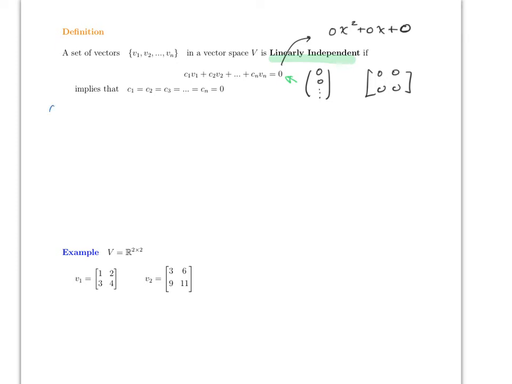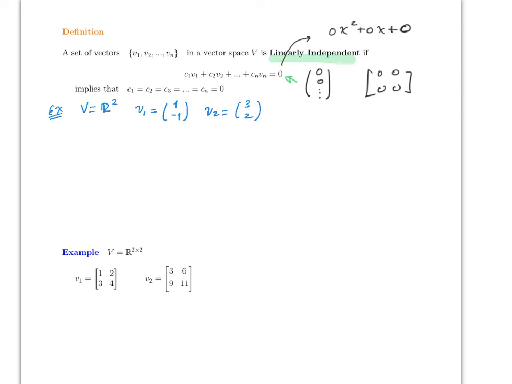All right, let's look at R2 first. Let's say that B is the set of vectors in 2 dimensions, and we have the following vectors: b1 is (1, -1) and b2 is (3, 2). The question is, are they linearly independent?